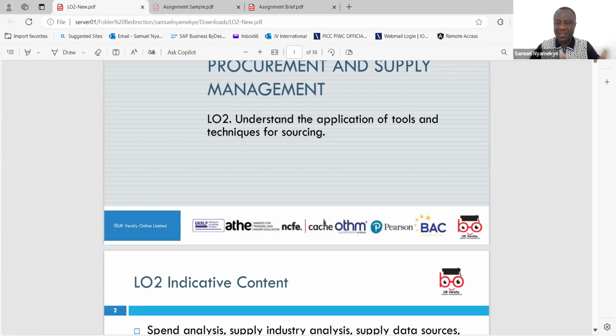So let's keep these four: tenders, supplier selection tool, then obviously the technology tool you would use. So we would end it here.